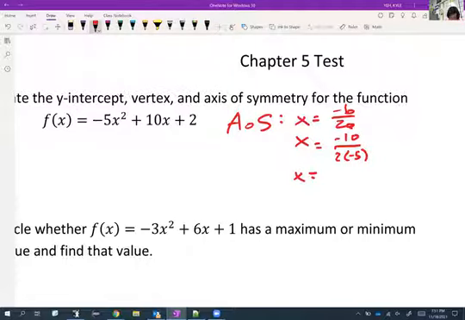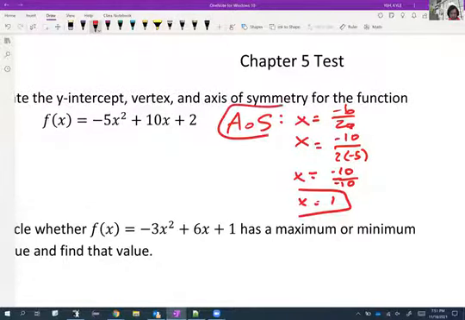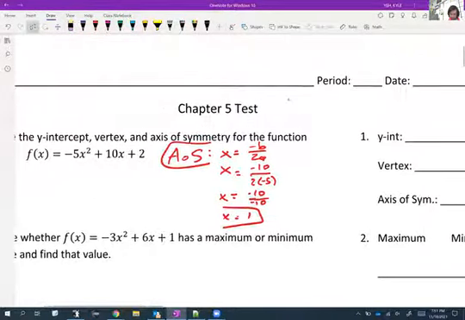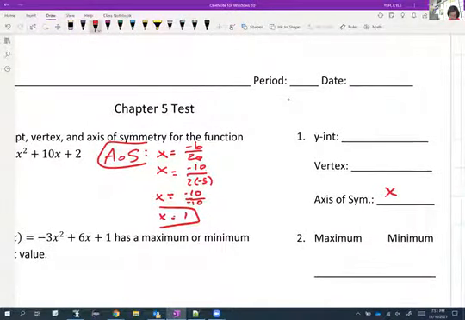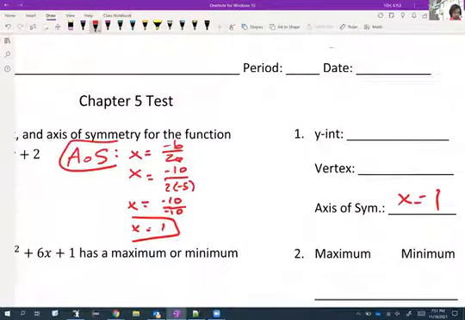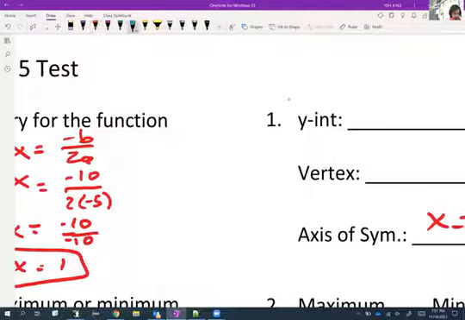So x equals negative 10 over negative 10, which means x equals 1 is my axis of symmetry. So vertical line, x equals 1.